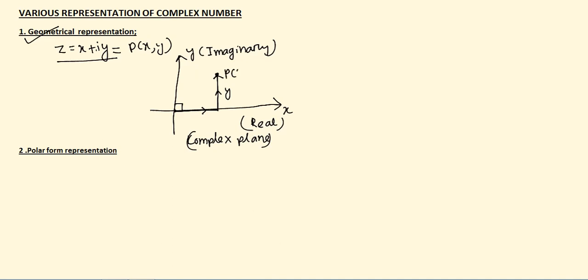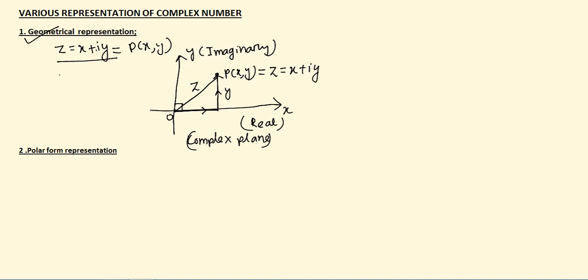So this point represents the complex number z equal to x plus iy, and the line connecting the pole to this point represents the magnitude of the complex number.